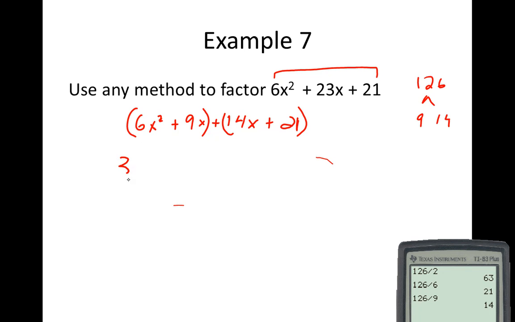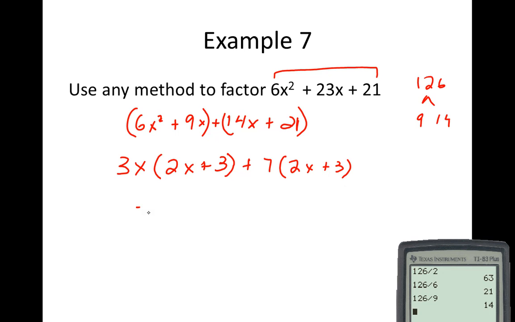So pull out 3x, left with 2x plus 3. And pull out a 7. Whoop, I did not mean to have that. So plus 7. And I'll have 2x plus 3. There we go.